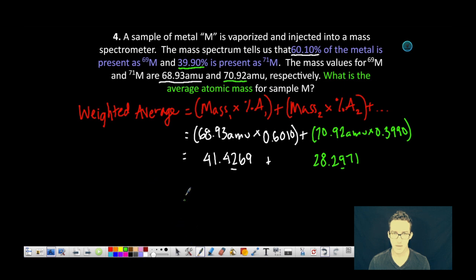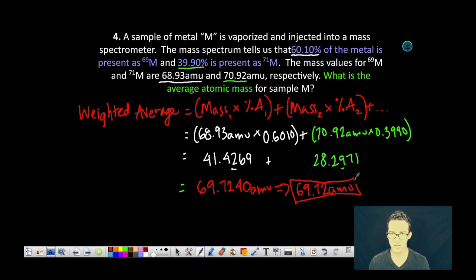And then when we add this all together, we get 69.7240 AMU. Or using sig figs, 69.72 AMU. Final answer.